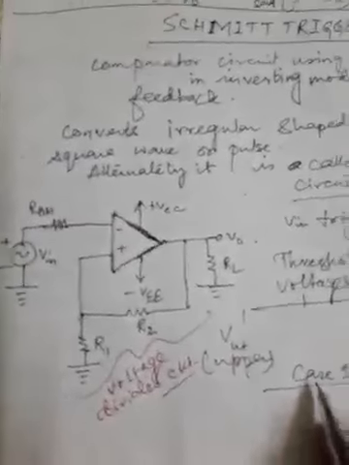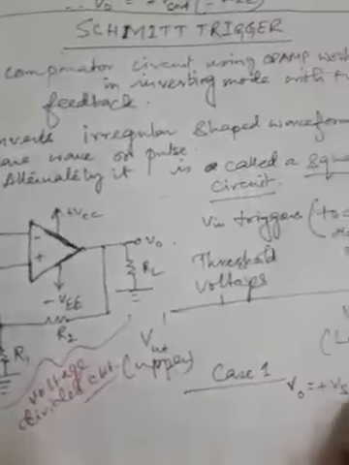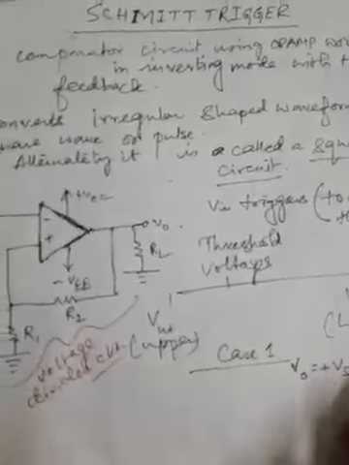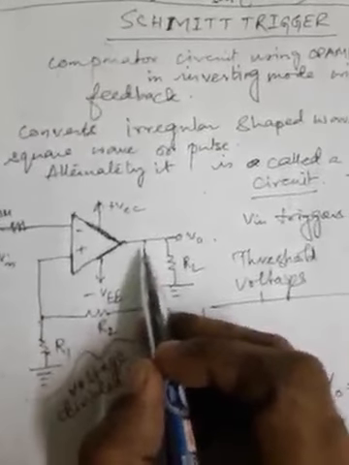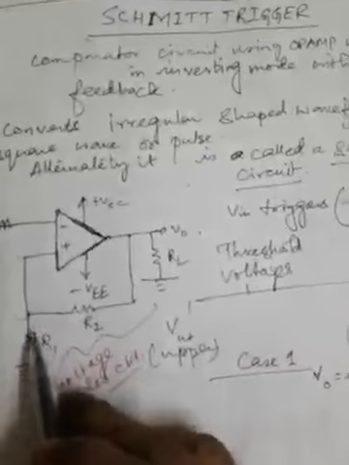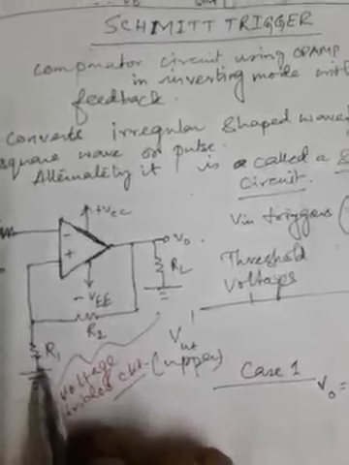So for case 1, when the output switches to or stays at plus Vsat, the positive saturation voltage, the voltage across R1 is called the upper threshold voltage VUT.